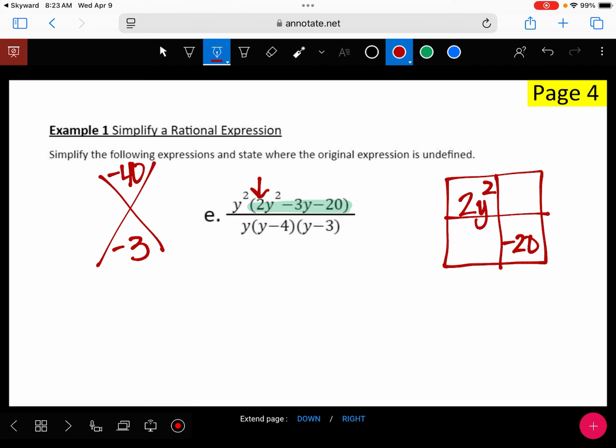And because the number on top is negative, that means that my numbers are opposite signs.